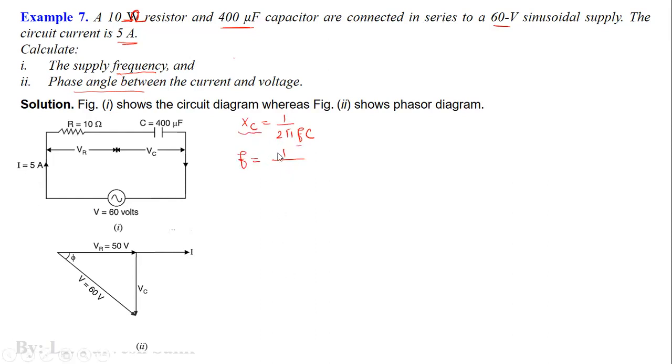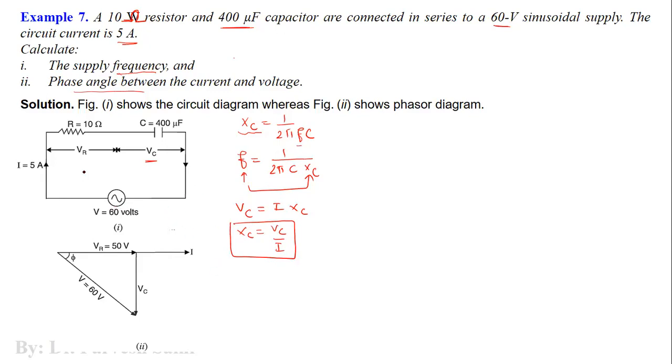To find out f, we need the capacitive reactance. We know that Vc, the voltage across the capacitor, is equal to I into Xc. So from here, Xc is equal to Vc by I.